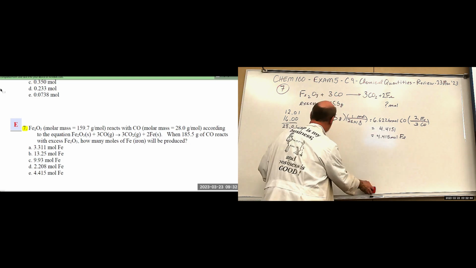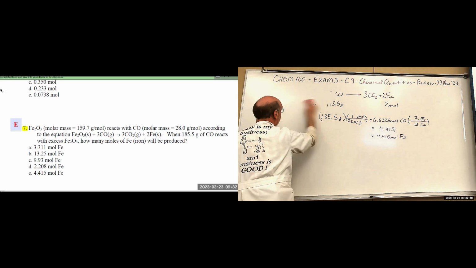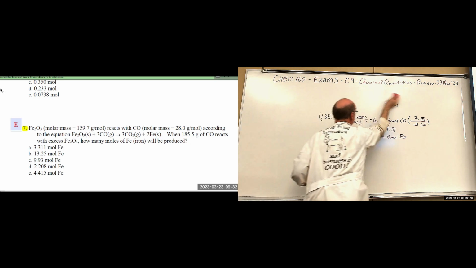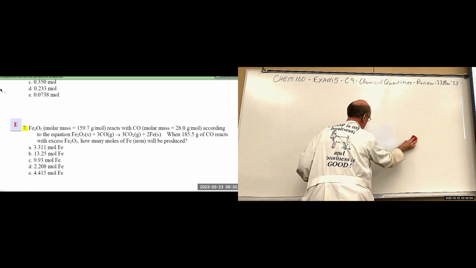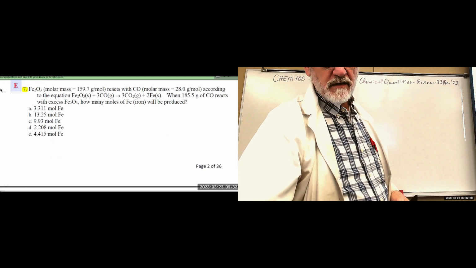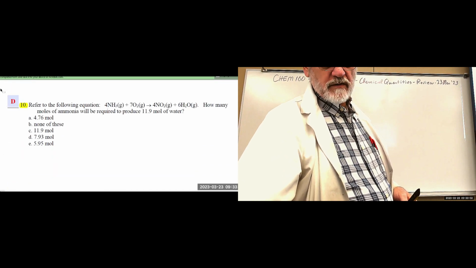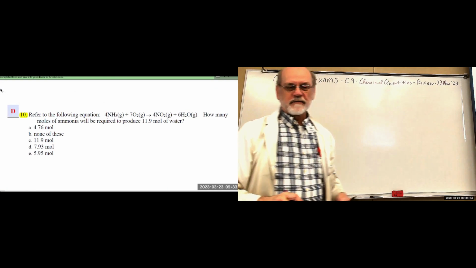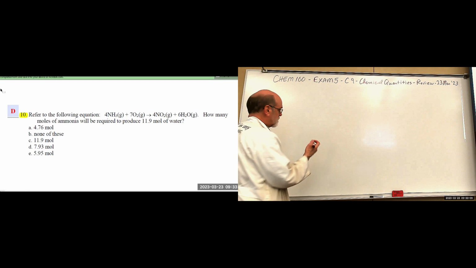All right. Let's see what's next. We'll skip a few. There we go. How about this one? The following equation, 4 ammonias and 7 oxygens.